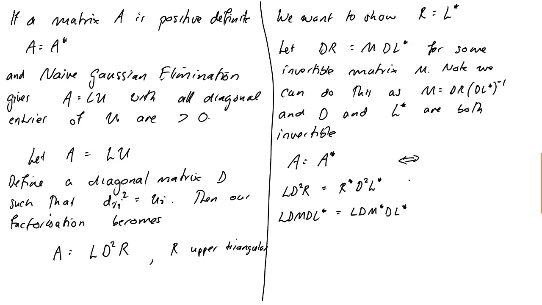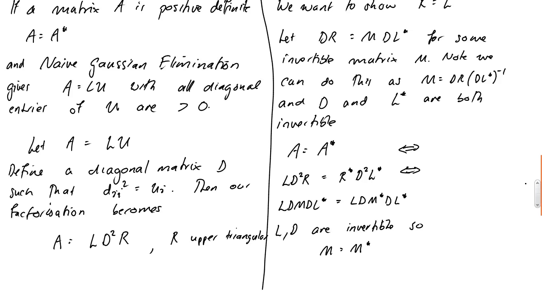So all I'm doing is plugging in my definition of this matrix M in a roundabout kind of way. We know this matrix M exists, here's a condition on it, and we know that L and D are invertible. So if we multiply the left by (L D) inverse and the right by (D L star) inverse, we get M equals M star. What else do we know about M?